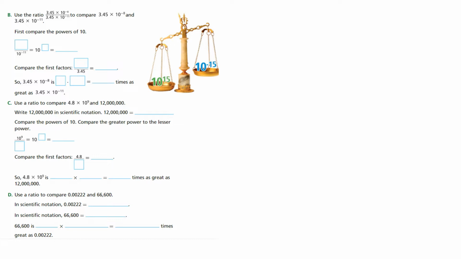So what have you seen? That 3.45 and 3.45 are the same. So 3.45 times 1 gives you 3.45, so you can cancel out. Now compare only the factor which has a power.